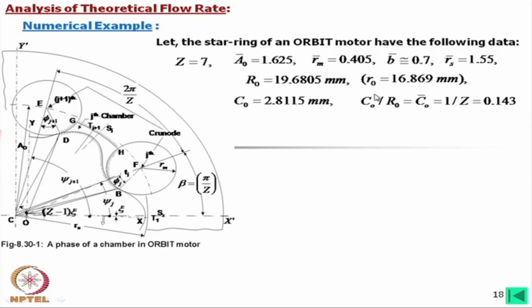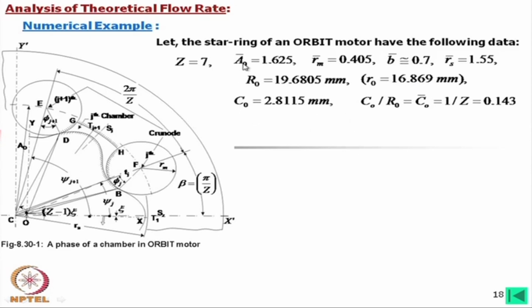Then r0 is the radius of the inner centroid for the epitrochoid, which is 16.869, but this is not required because we have non-dimensionalized with respect to this one.